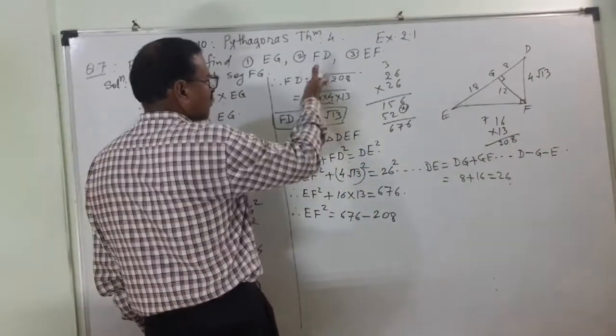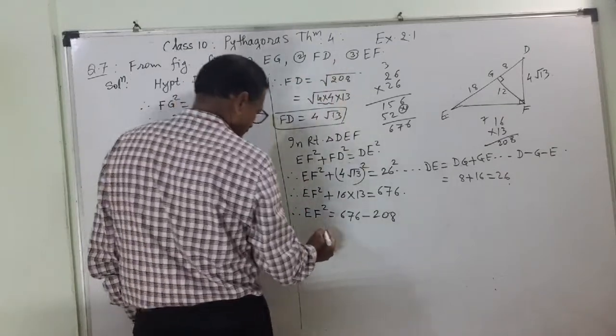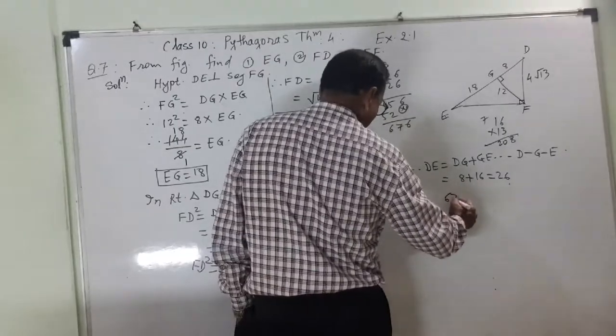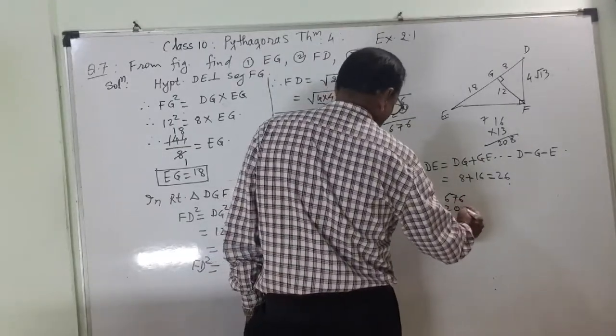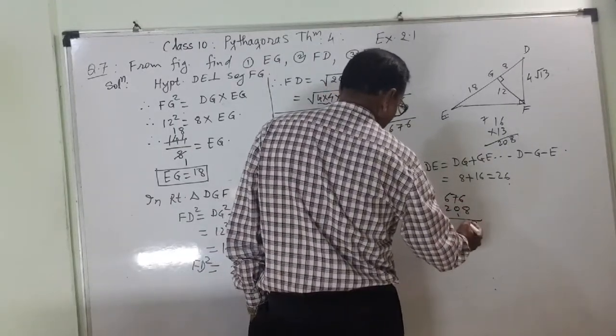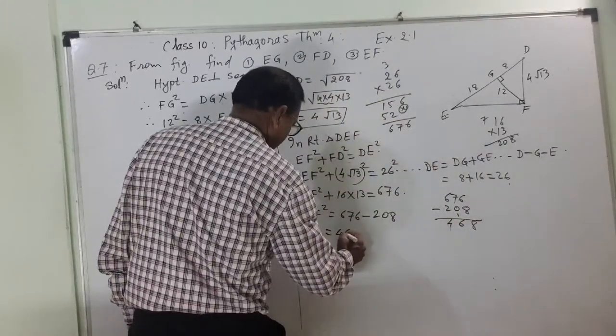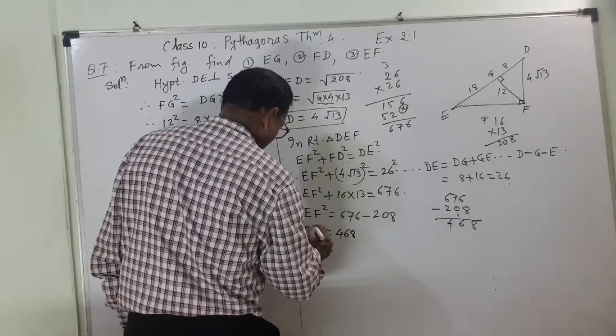Actually, from this we could have taken it directly. So 676 minus 208 is 468. EF square equal to 468.